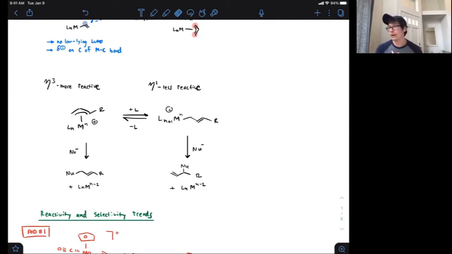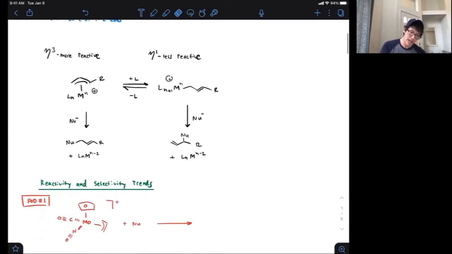If you think about this haptotropic shift from eta-3 to eta-1, a coordination site is opened up when you get to eta-1. And so a way to drive that equilibrium is to add more monodentate, strongly sigma-donating ligand. And that can be a trick that's employed, for example, when you want to promote racemization of a stereochemically defined metal-allyl species.